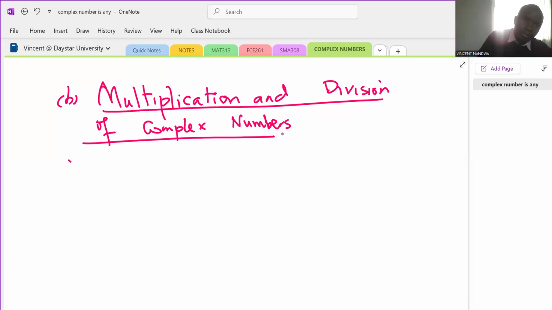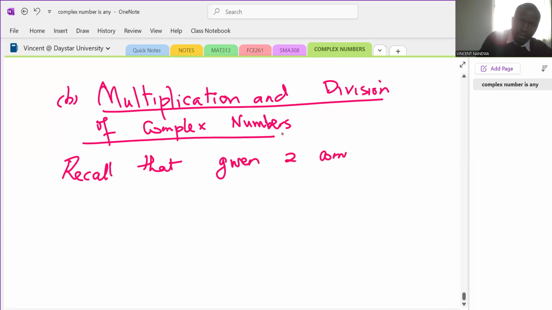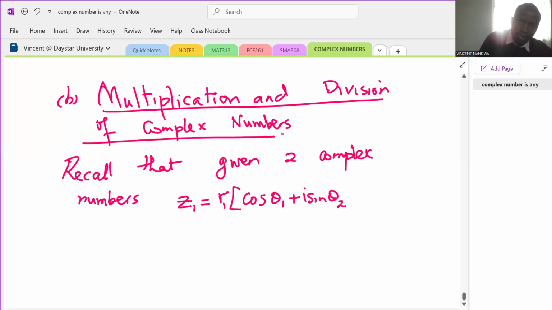So recall that given two complex numbers, Z1, let's say Z1 is given as R1 (cos theta 1 plus i sin theta 1), and Z2 to be R2 (cos theta 2 plus i sin theta 2).